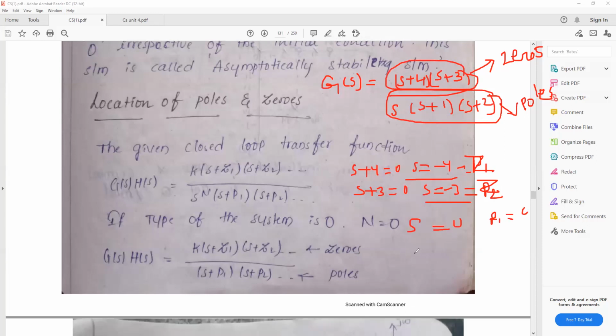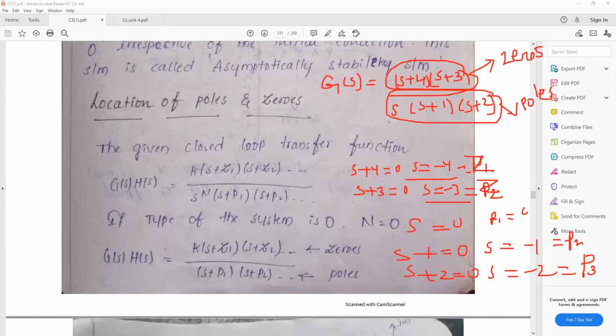And s plus 1 is equal to 0, s is equal to minus 1. And s plus 2 is equal to 0, s is equal to minus 2. So there are 3 poles: first pole 0, second pole minus 1, third pole minus 2.